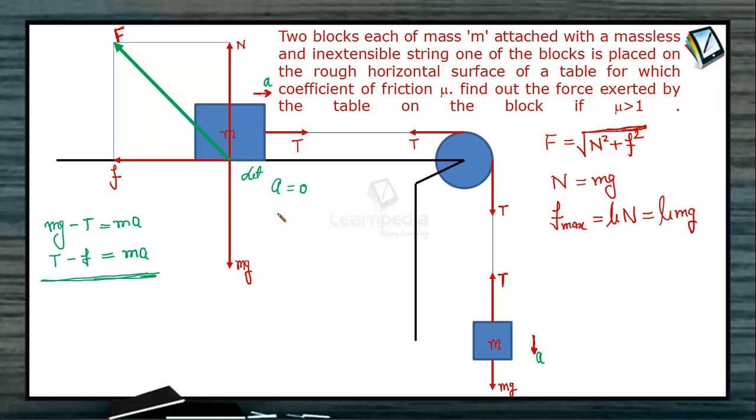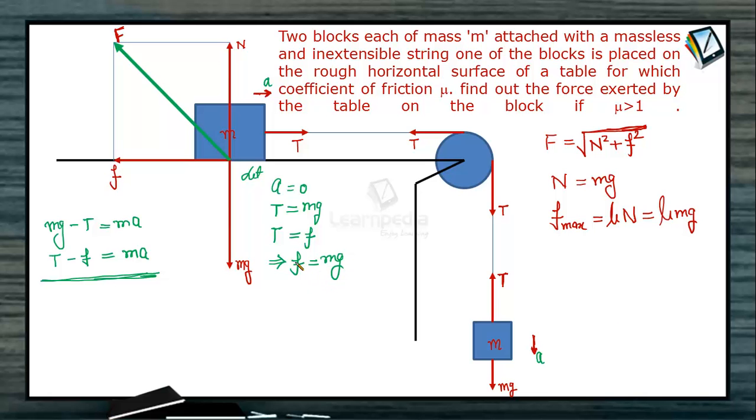In that case, this equation would yield T equal to mg, meaning tension on the rope is mg, and from the other equation we know that T is equal to F. That means the force of friction F is equal to mg.